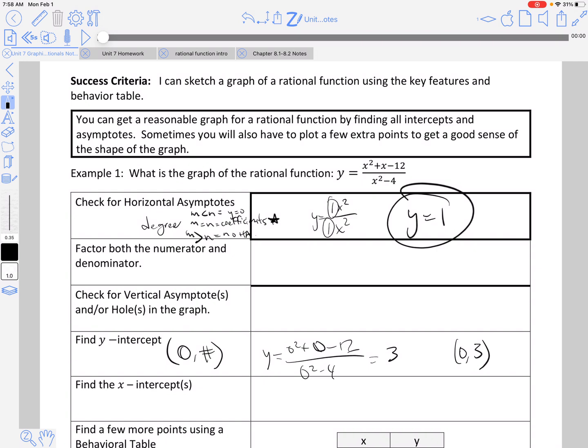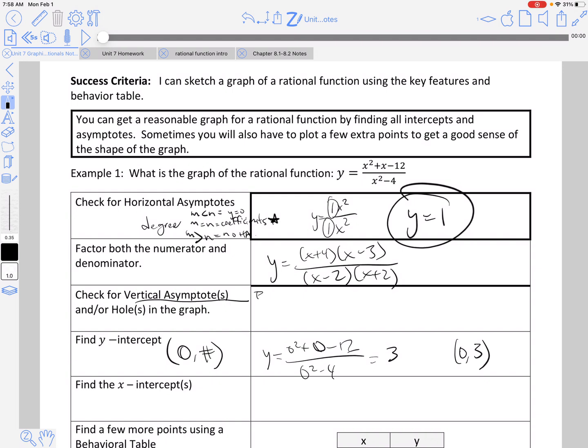All right, now we do want to factor because we want to find those points of discontinuity. So I factor the top. I factor the denominator. And then I set each one of those equal to 0 to find my vertical asymptotes.